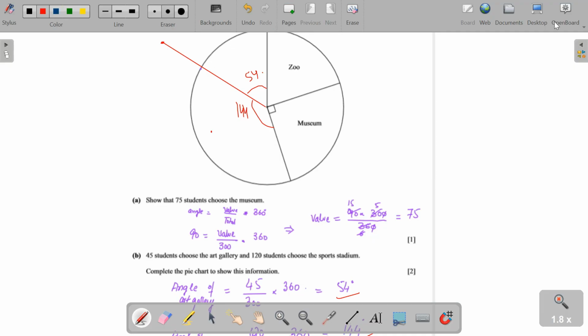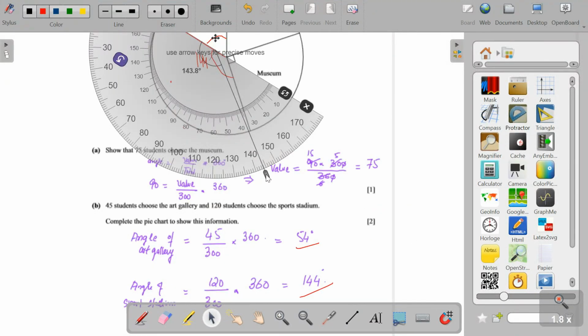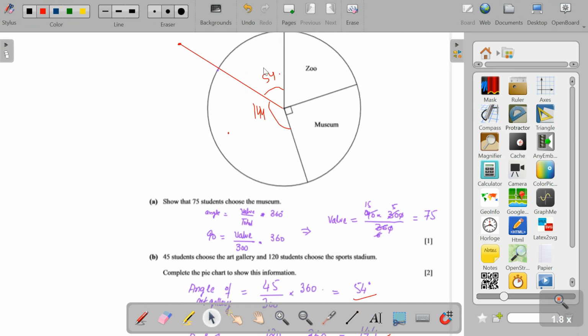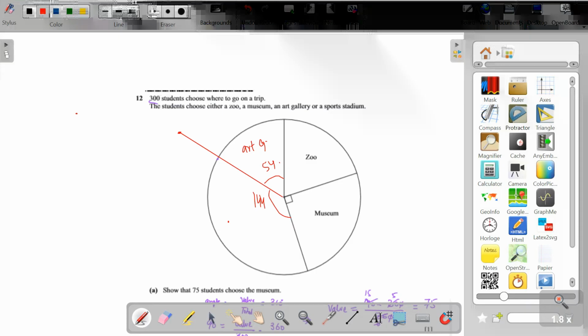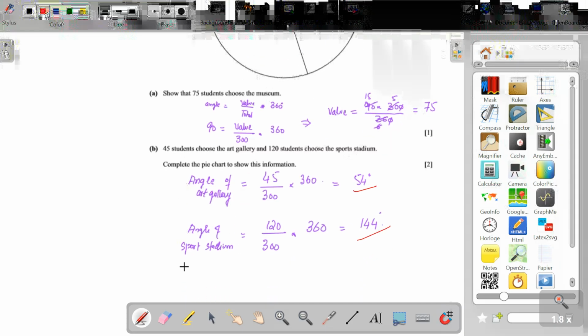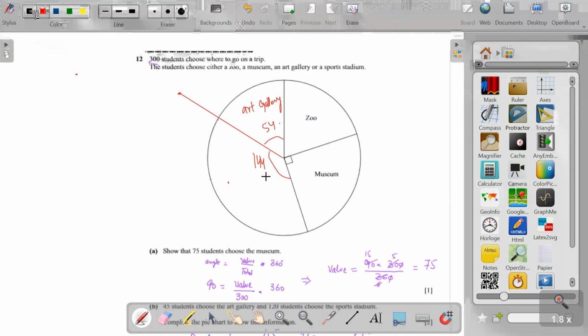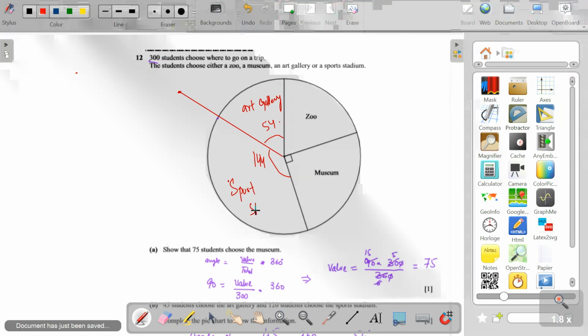You can check it by using the protractor. So you can see that this one is 144. So this is the angle of art gallery, and you can write here art gallery, and the angle of sport stadium is 144, which is this one, and write sport stadium.